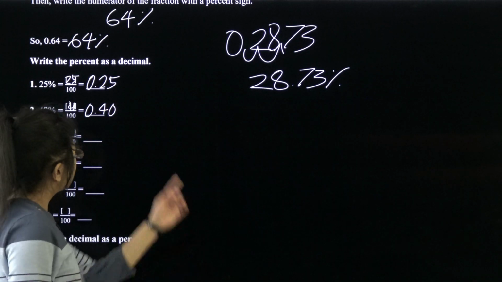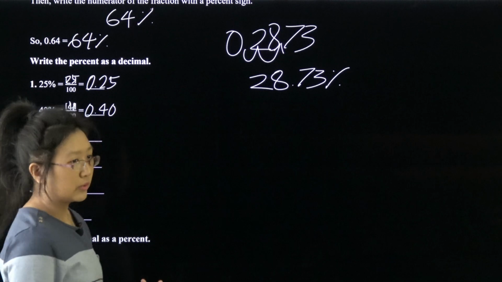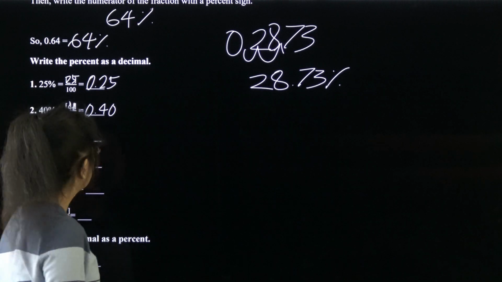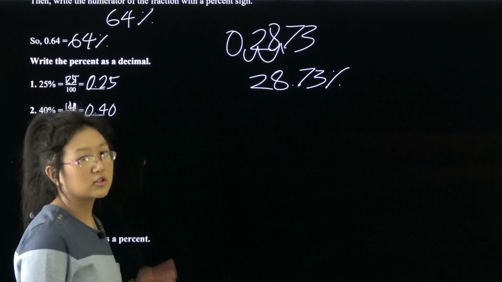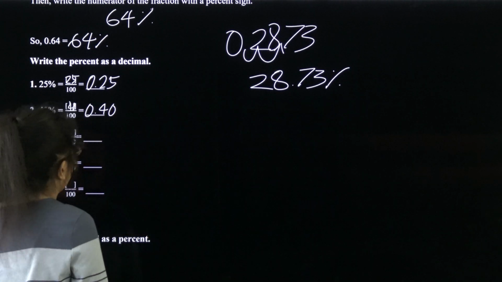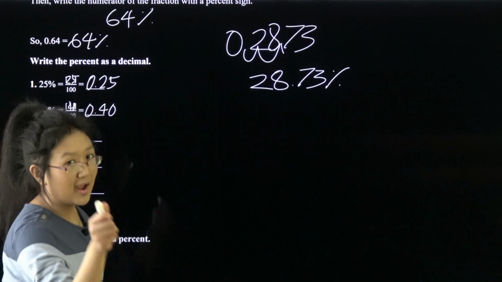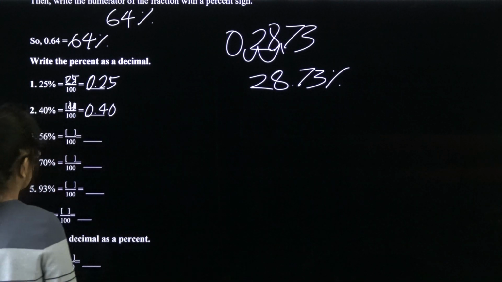Now you may be thinking, you don't need the 0 there. Well, if the teacher tells you to do the decimal to 2 decimal places, then you need the 0 there. If the teacher doesn't, and this number is exact, as in it is not rounded, then you can choose to omit it. But ask the teacher first.